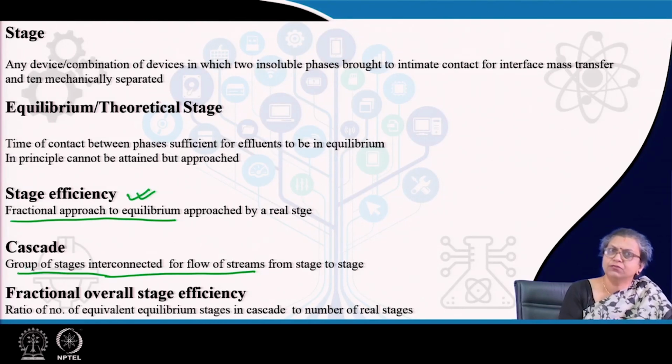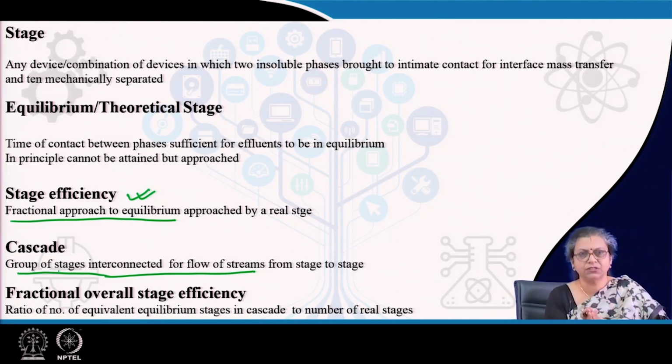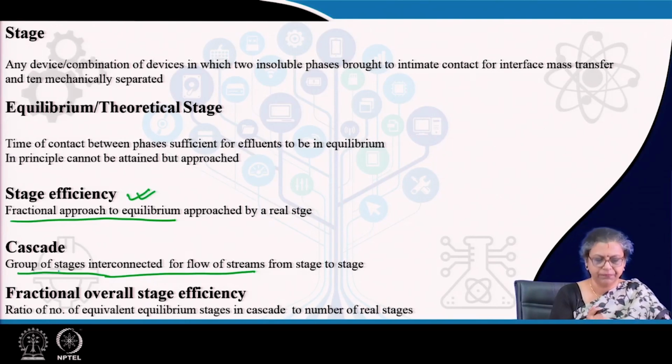For any particular separation we need to find out the number of stages that are required in the cascade. How do we go about it? We assume that all the stages in the cascade are ideal stages or equilibrium stages. That is, in each stage, when the two phases are contacted and then separated, the two phases that are separated are at equilibrium with each other. Again, you have to remember this never happens.